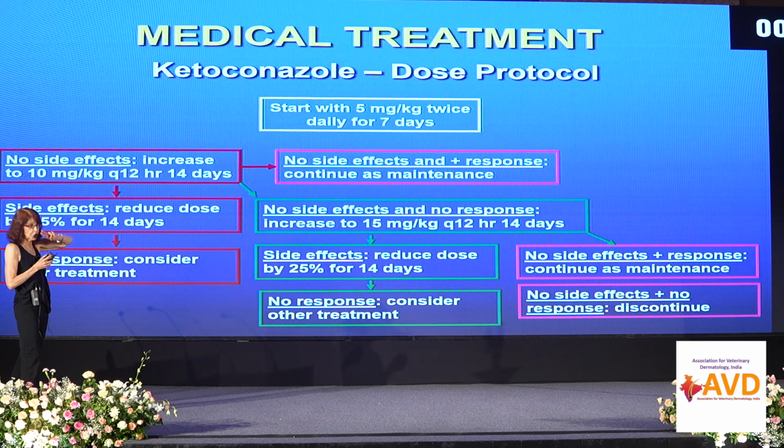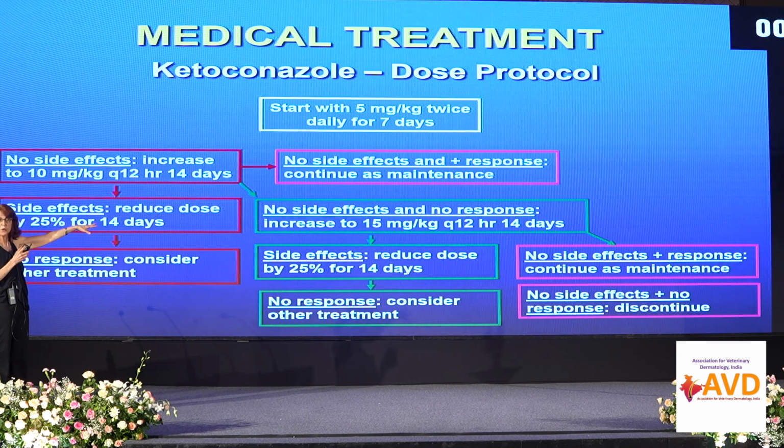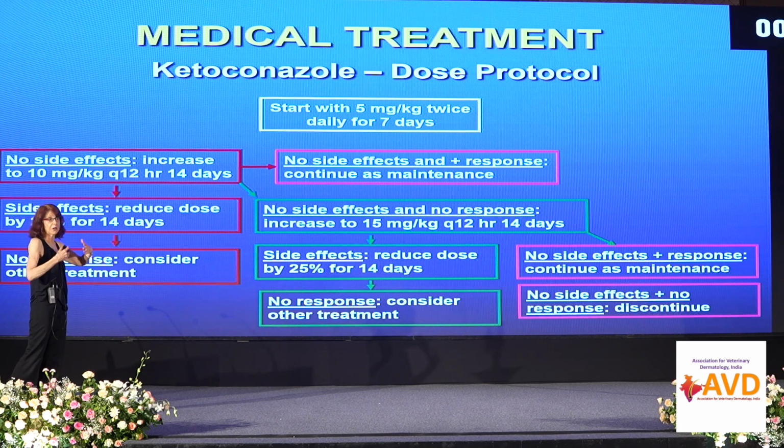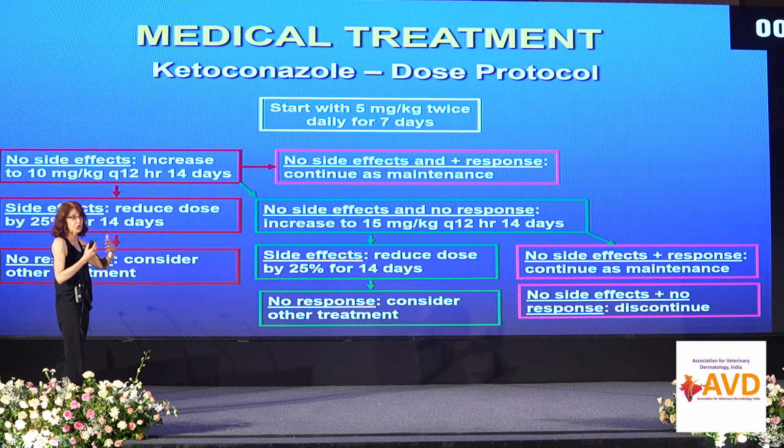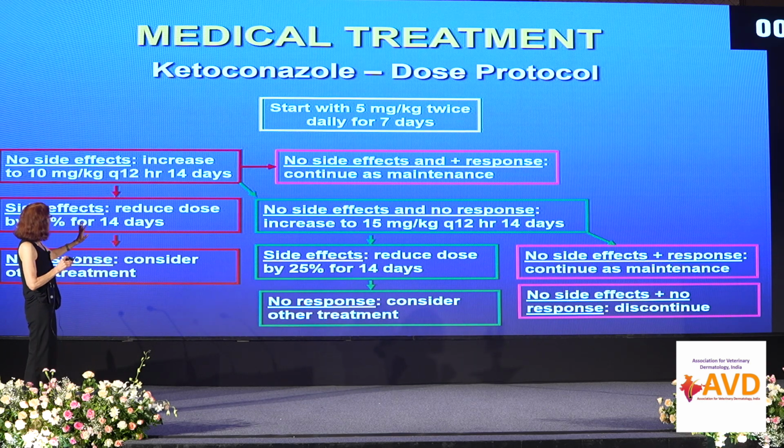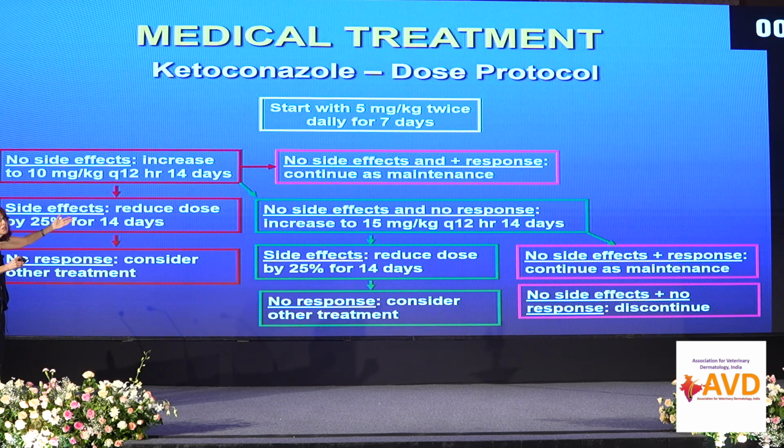Do it for 2 weeks. If there are no side effects and there is a response, such as not drinking a lot of water and not eating a lot, then it's good. The hair and skin changes will take a while. Continue with that dosage as maintenance. You may change later on if the owner is not very happy and you want a better response, that's okay, but depending on the case, you can use that as maintenance.